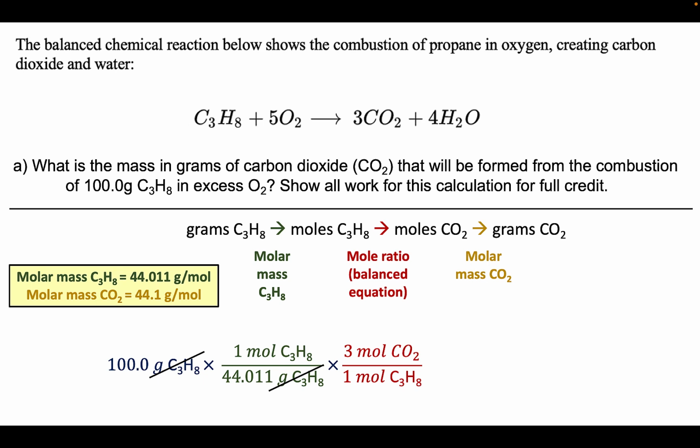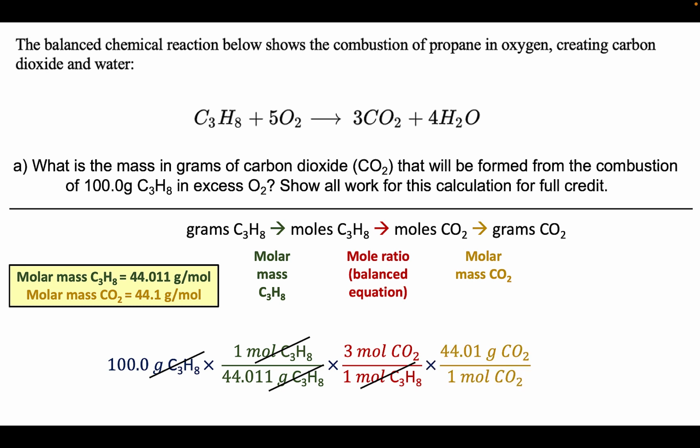And note on this step that we've gotten it into units of moles of C3H8, and we know that for every mole of propane that's consumed, 3 moles of carbon dioxide are formed. And that's exactly why we want to apply this conversion here, because that's what this says. It says we get 3 moles of carbon dioxide per each 1 mole of propane. And then if we apply that conversion, we're going to get to moles of our carbon dioxide.